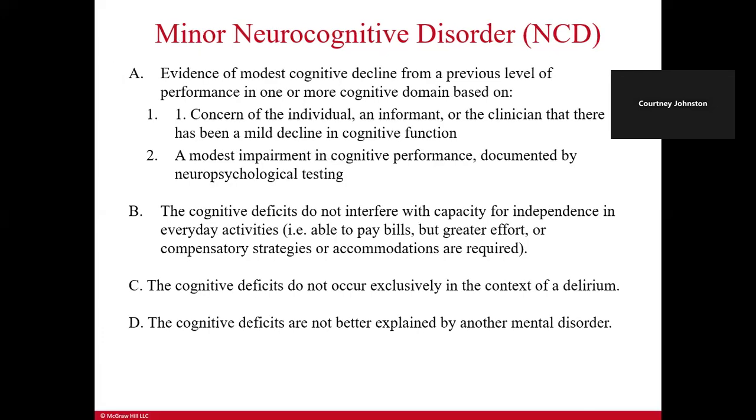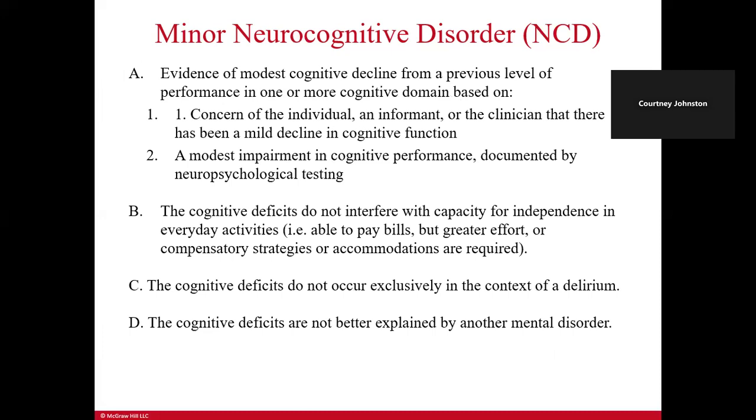Okay, and so that's going to be major neurocognitive disorder. Minor neurocognitive disorder, or mild, I should say mild, I apologize for that. There's evidence of modest cognitive decline from a previous level of performance in at least one or more cognitive domains, which we talked about. And it's based on either the individual, somebody around them, or a doctor being concerned and having noticed a mild decline.